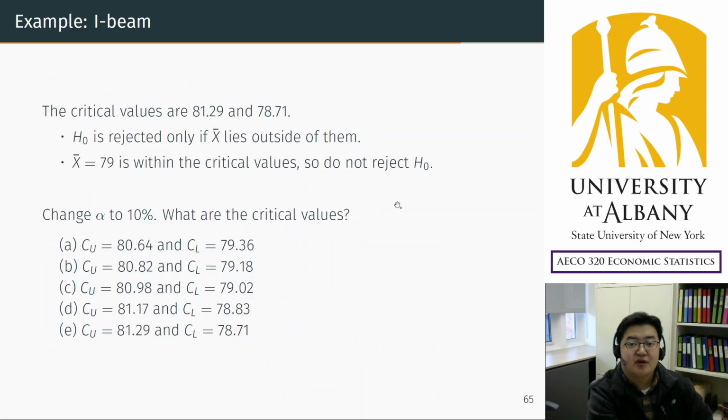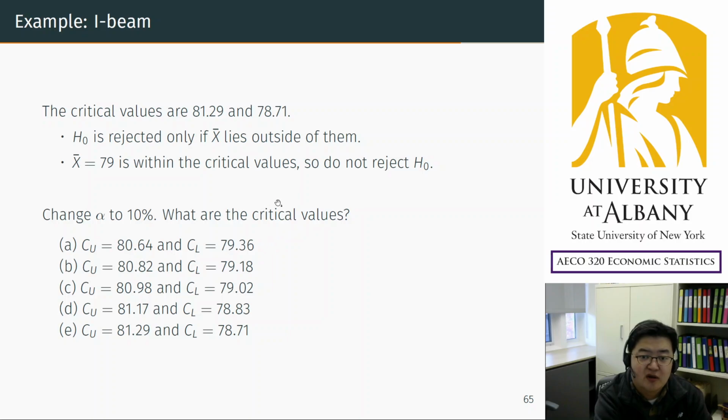They are designed to be equivalent to each other. Okay, so now change the significance level to 10%. How do the critical values change? What is the new critical value? When alpha changed to 10%, earlier the critical values were 81.29 and 78.71.